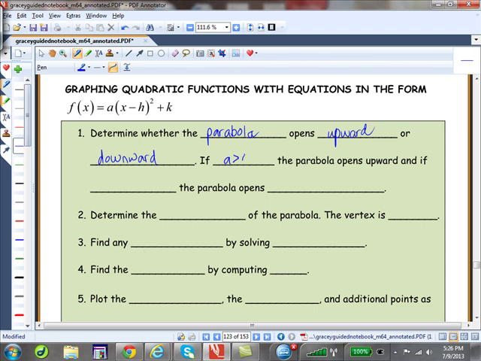Good, when a is greater than 0, and it opens downward if a is less than 0. We also need to, very early on, determine the vertex of the parabola. The vertex is h comma k.